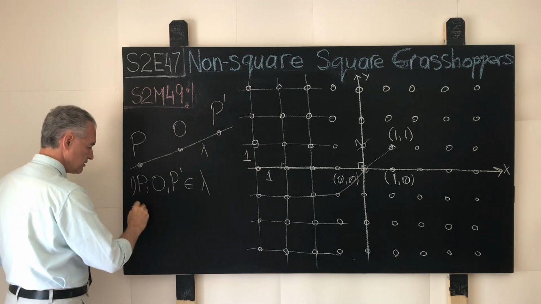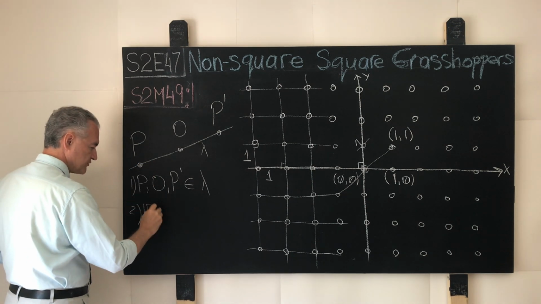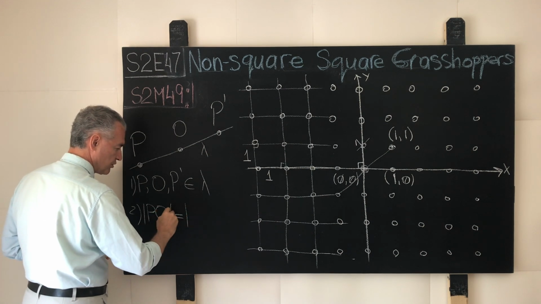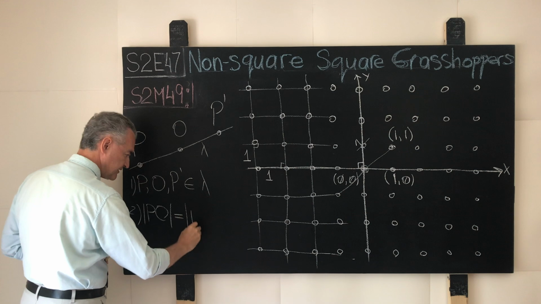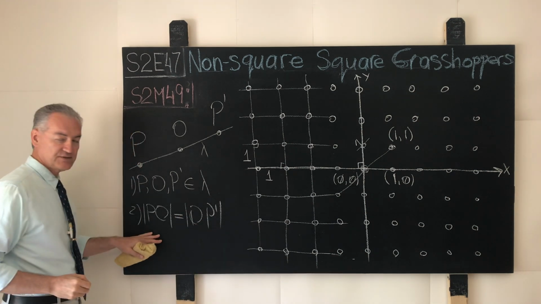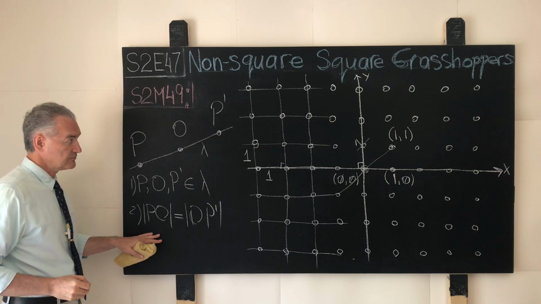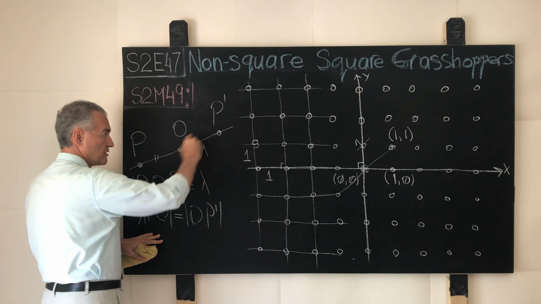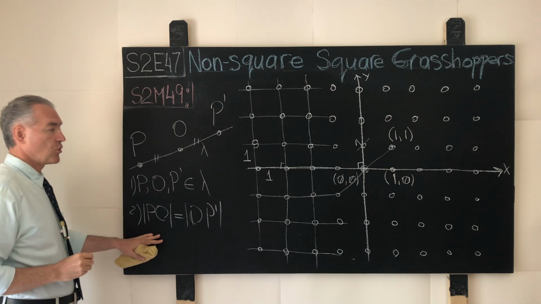And what is the second condition? That's right, the distance from the point P to the point O is the same as the distance from the point O to the point P prime. This is a definition of central symmetry. You see, it's not that complicated. These distances are the same and the 3 points are collinear.